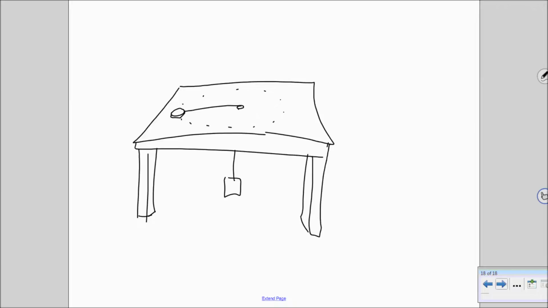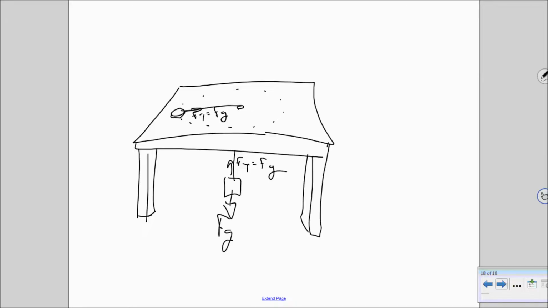Inertia wants it to go flying off in a straight line, but gravity is pulling this guy down. Now, the problem is set up where this little mass doesn't move, right? So what should your tension force be? Same as Fg, right? Ft equals Fg. So your centripetal force is just the weight of this little hanging mass.